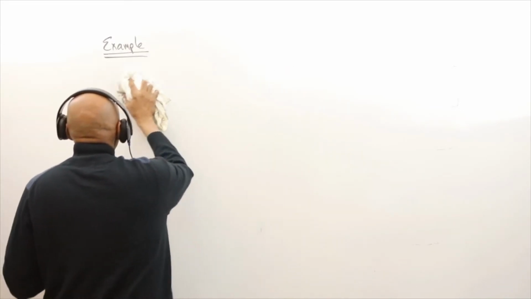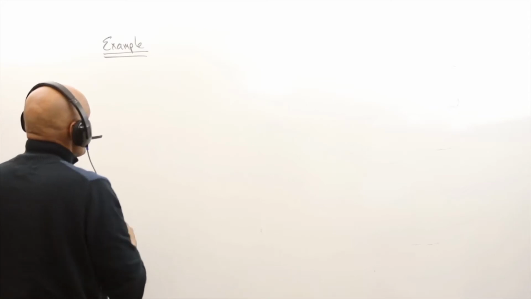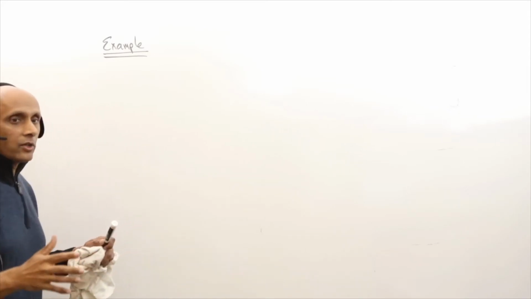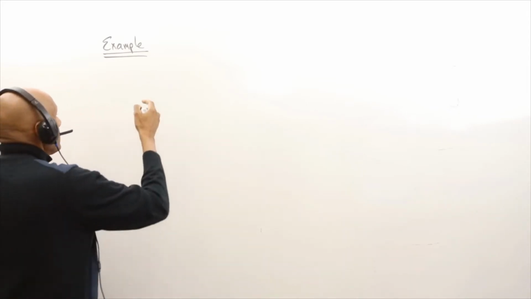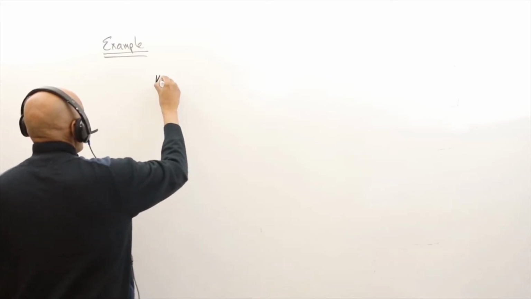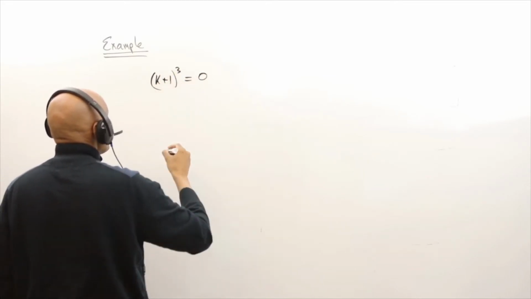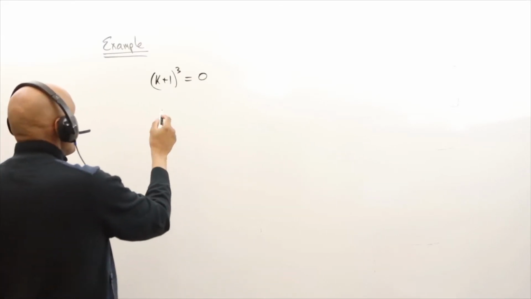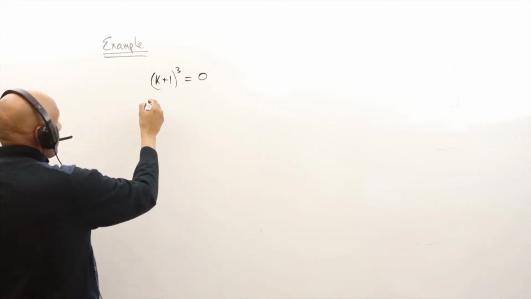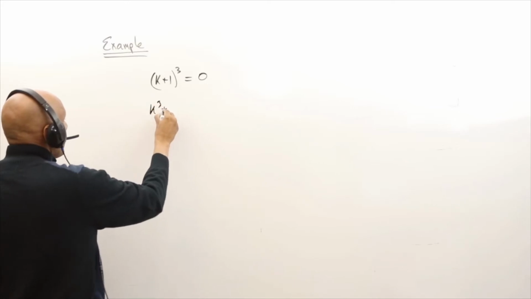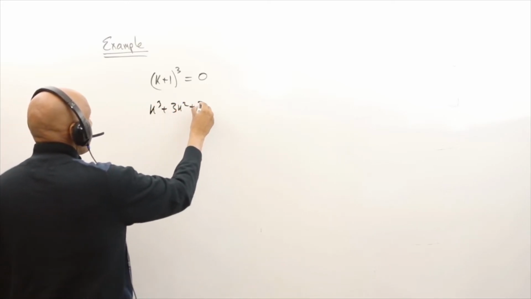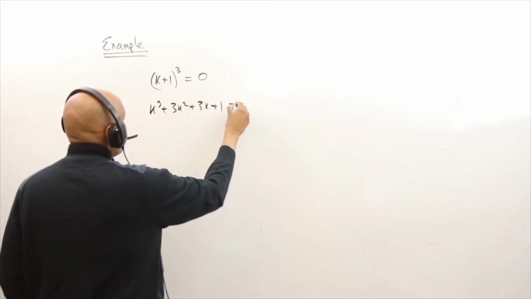So imagine that we have a characteristic equation and we factorize it. We're going to start from the characteristic equation. Imagine somebody gave you a characteristic equation of k plus 1 cubed equals 0. Just remember, when somebody says k plus 1 cubed, we can use the binomial expansion and write this as k cubed plus 3k squared plus 3k plus 1 equals 0.